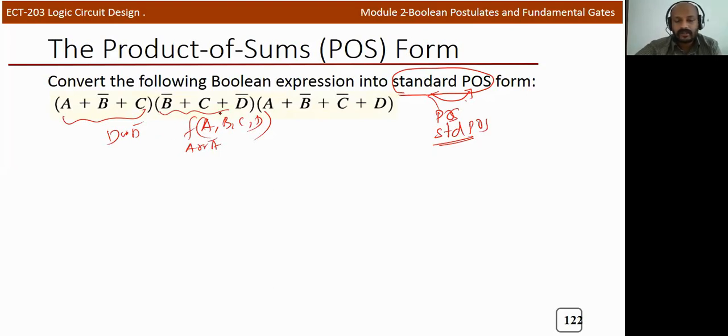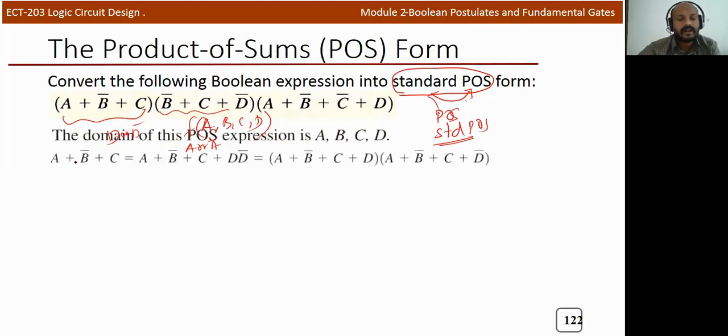So for that, first we identify the domain. Second, we observe that here d is missing. So in a POS form, we will add a term like this: d into d bar. d into d bar is equal to 0. And if you perform OR operation with 0, there is no change in the output.